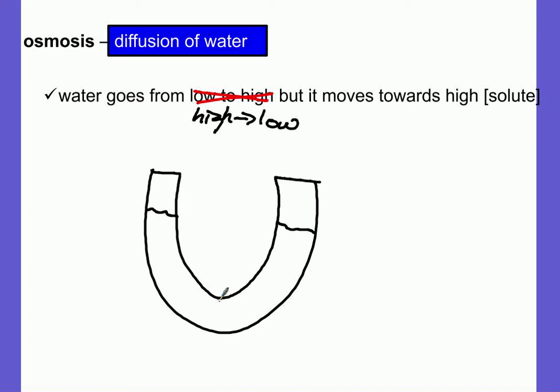But if I put a semi-permeable membrane down here, and I make it so that there's a low concentration of salt on one side versus a high concentration of salt on the other side, and that salt can't go through that membrane, but the water can move. This is osmosis again.